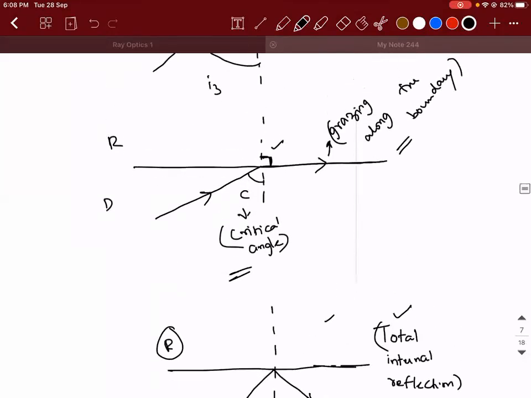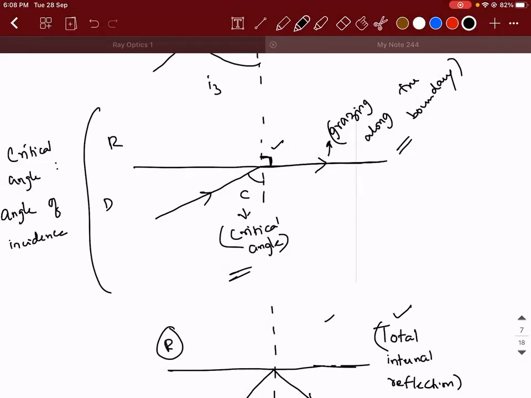Now listen to this carefully. If I have to define critical angle, how will you define it? So what is critical angle? It is the angle of incidence in which medium?